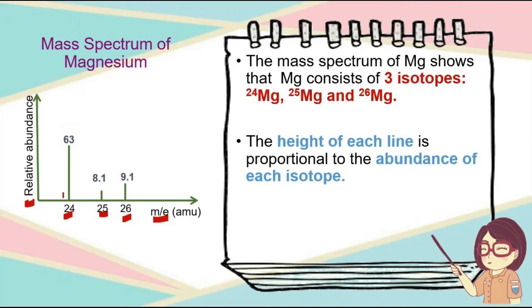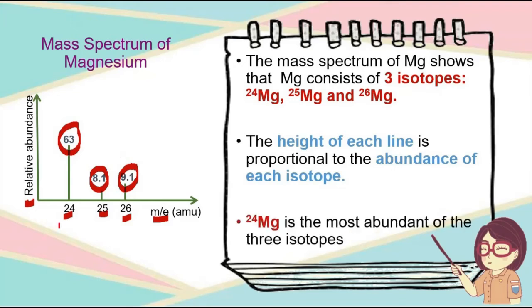So based on the mass spectrum, we can interpret that the relative abundance for 24Mg is 63, for 25Mg is 8.1 and for 26Mg is 9.1. Since 24Mg is the highest peak, it means 24Mg is the most abundant of the three isotopes.